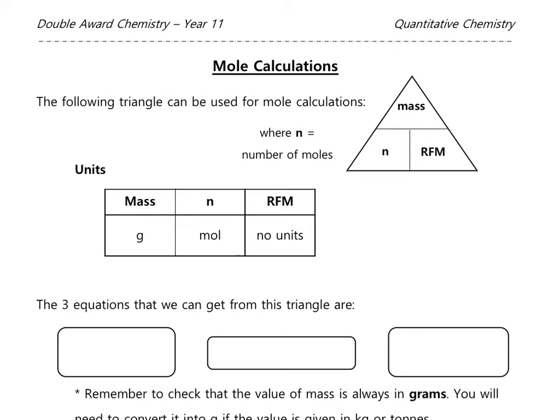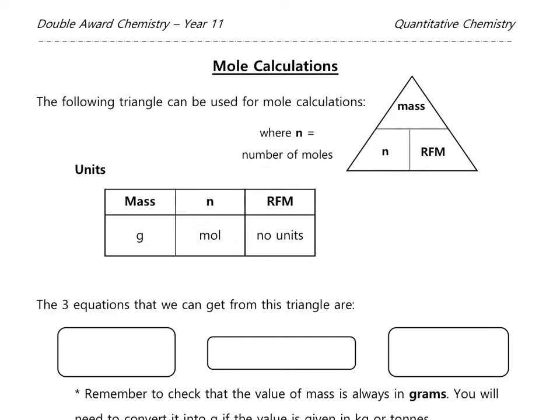Now, from that knowledge that if we have the RFM of a substance, if we have that mass in grams, it's equal to 1 mole of a substance, we are actually able to derive this equation triangle. Now, you'll see it differently in different textbooks, and you can change this if you like.